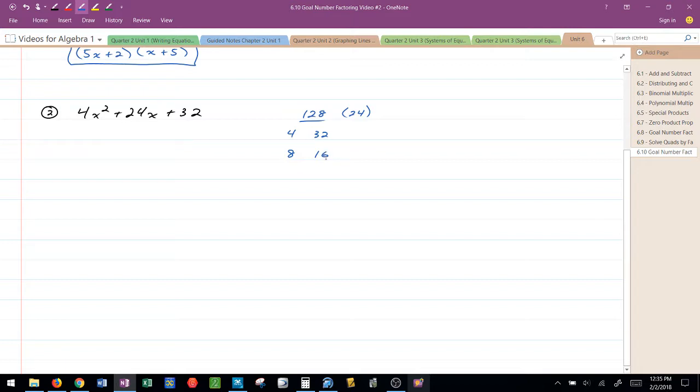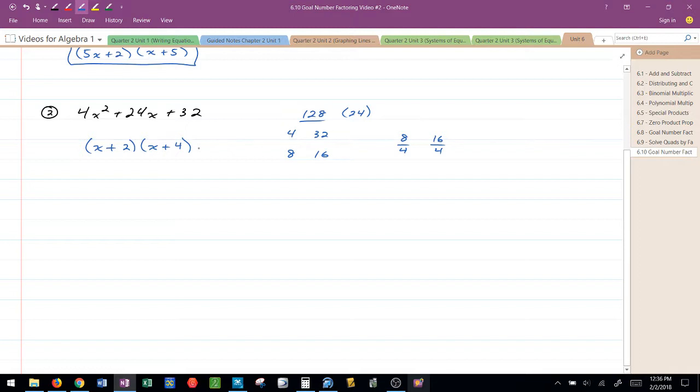And if I notice, 8 plus 16 has to give me 24. That's the correct factor. I take each of those factors, 8 and 16, and divide them by 4, the leading coefficient. I write it down as x plus 8 over 4, which simplifies to 2, and x plus 16 over 4, which simplifies to give me 4.